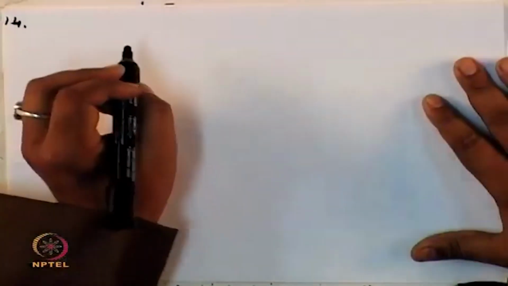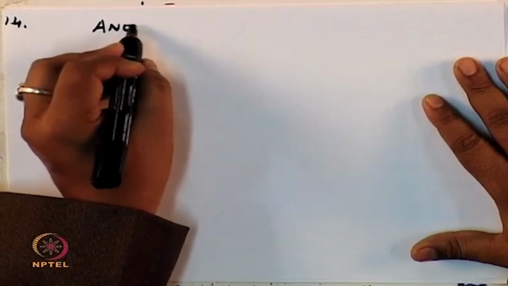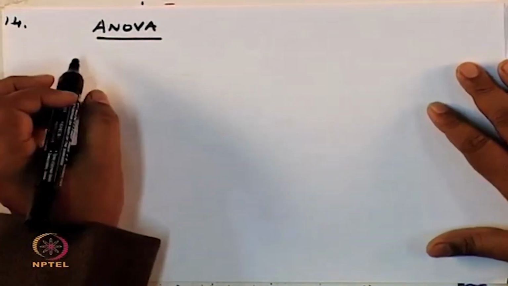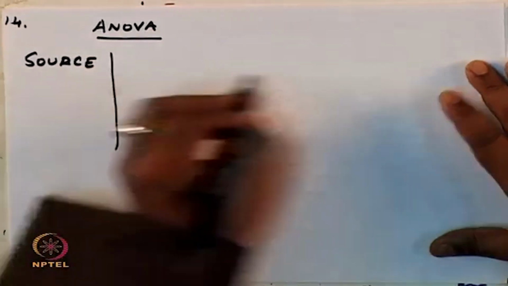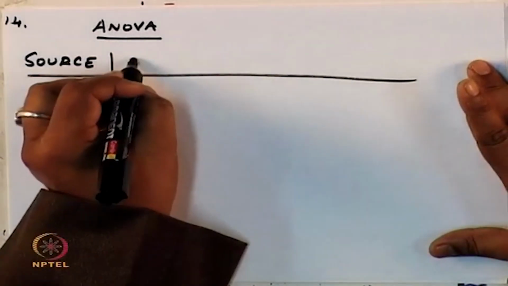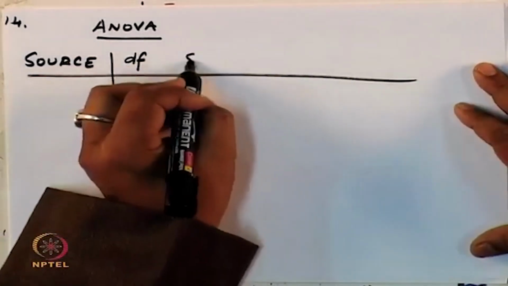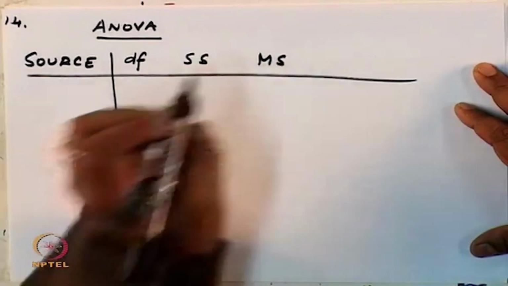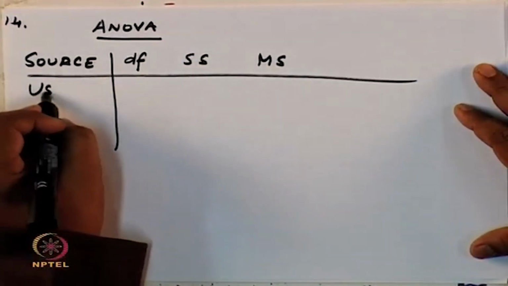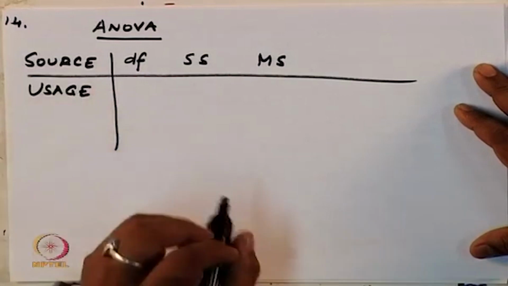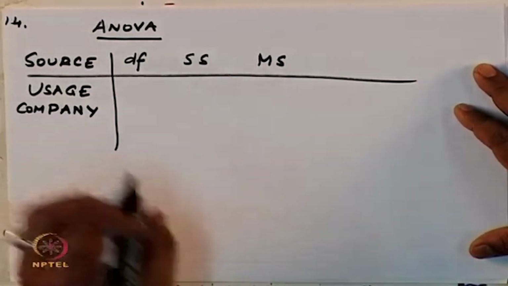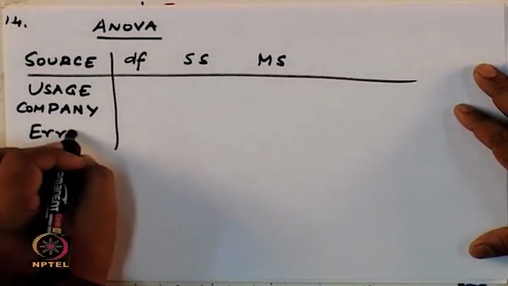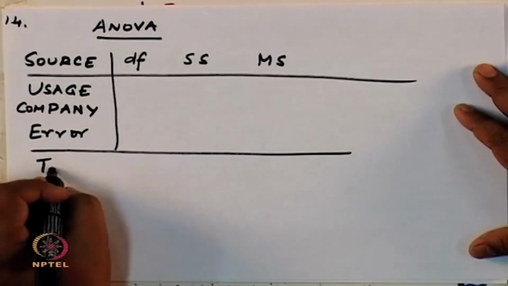Okay. Your ANOVA table, your source. You have two treatments now, usage and company. Then you have error, and then the total.